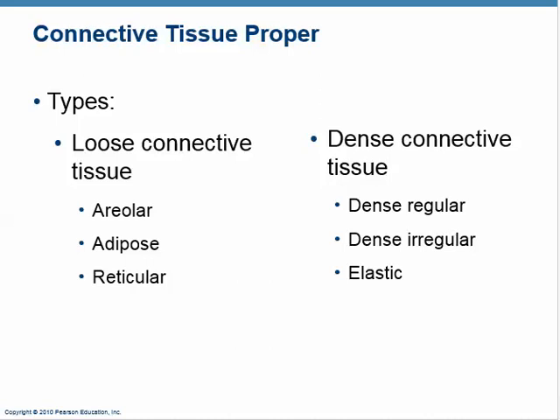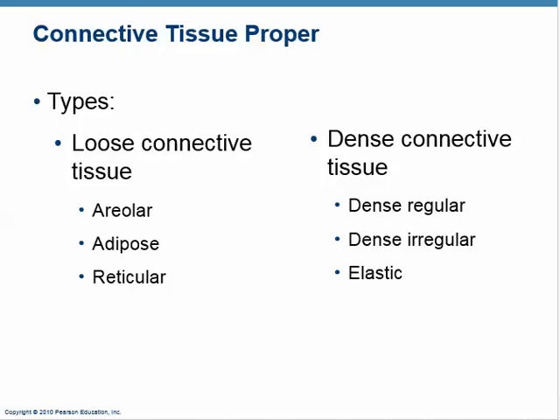In the loose connective tissue, there's relatively more ground substance than fibers, and in the dense there's more fibers than ground substance.